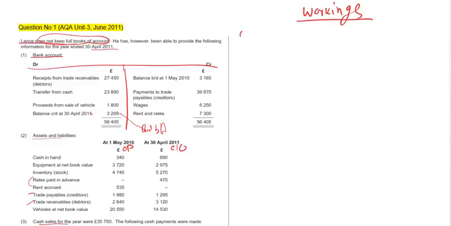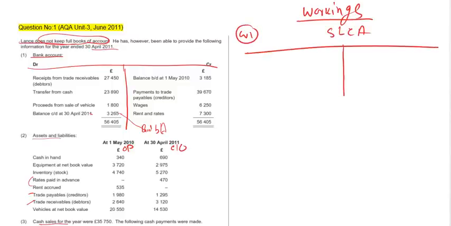Workings number 1, I would start with the sales ledger control account to find our credit sales. It's a debit account, just like trade receivables. Here is our balance, balance BD, opening, and closing balance CD, this one for trade receivables.